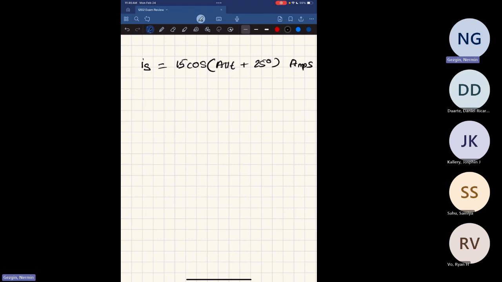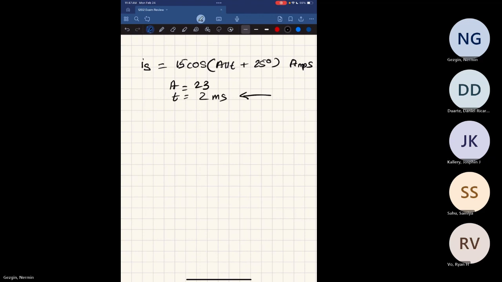So i_s is equal to 15 cosine of A pi t plus 25 degrees. It gives us that A is 23, and they give us a time that's 2 milliseconds. They want us to calculate i_s at t equals 2 milliseconds.